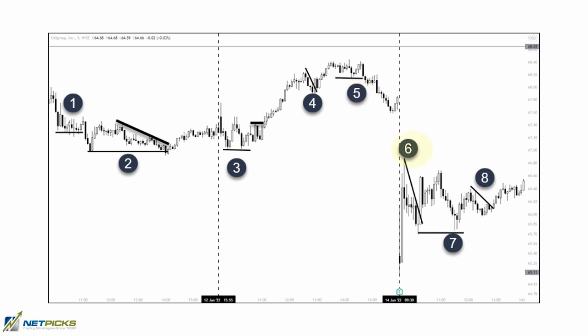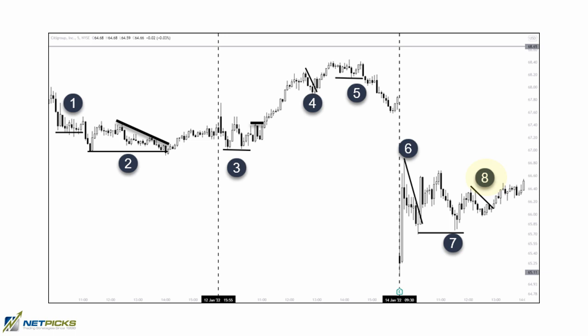Number 6, it's a gap down. You get a fast move up, and you get a pullback and a trend line break entry. Number 7, now we have a double bottom. The second bottom formed a long lower shadow. It's a reversal. You can just play the break of those highs. And 8 is a strong move up, a pullback, and just using a trend line as an entry tool.